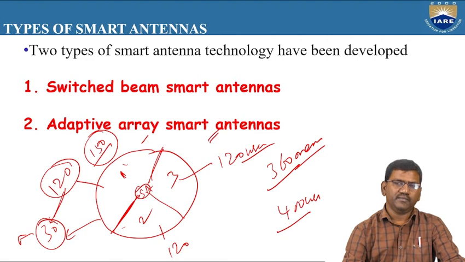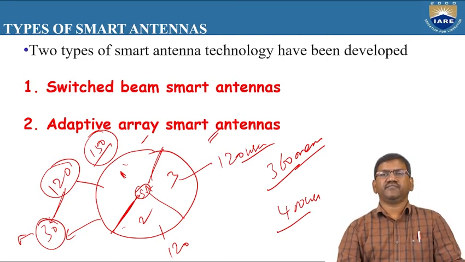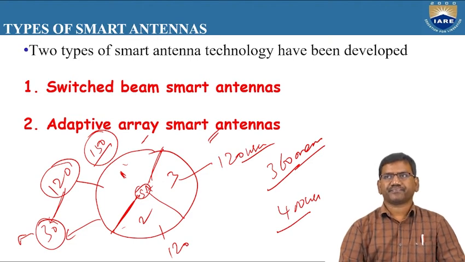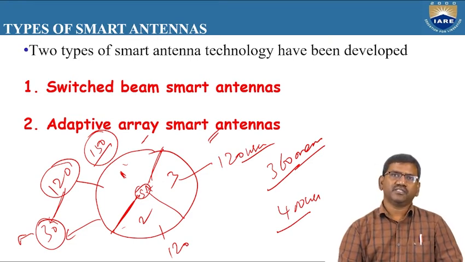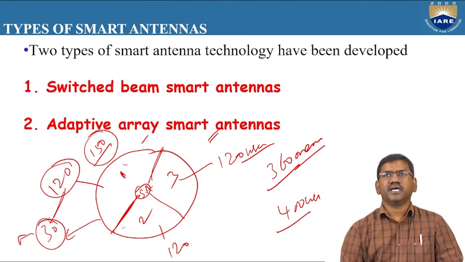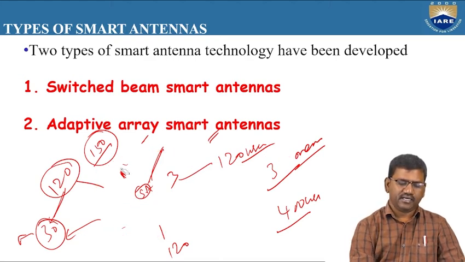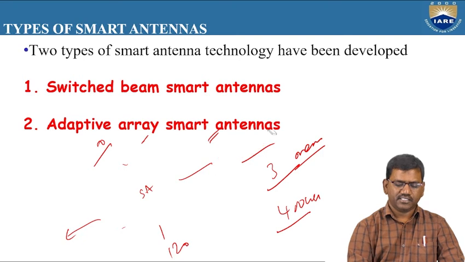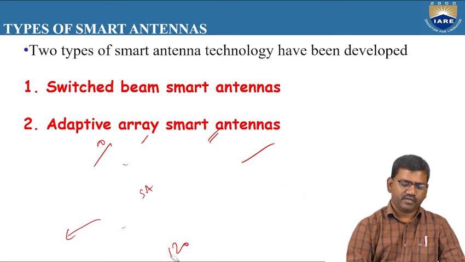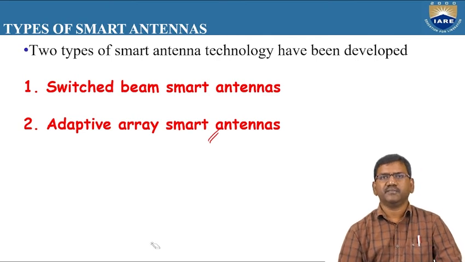So here a limitation is there: as the radiation beam is fixed, only a limited number of users can use the bandwidth for each sector. And this can be overcome in the adaptive array smart antenna system. Even as the number of users increases drastically from 120, in the previous case 120 is the limitation.